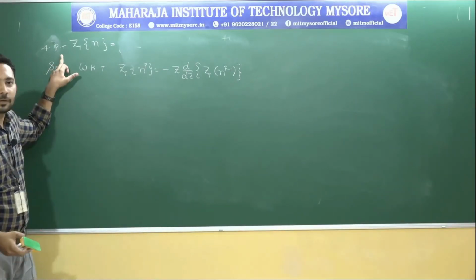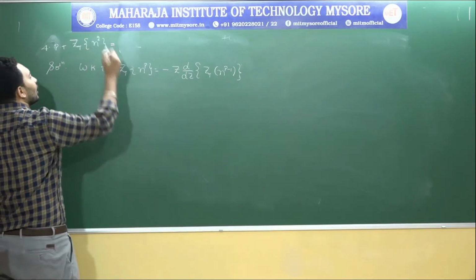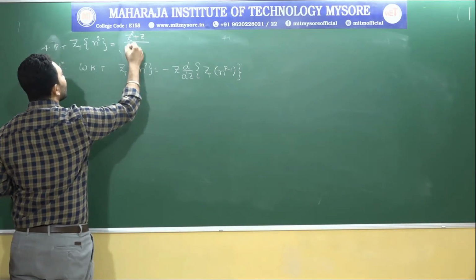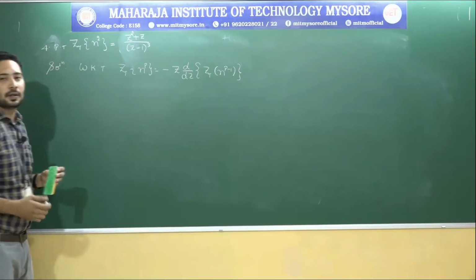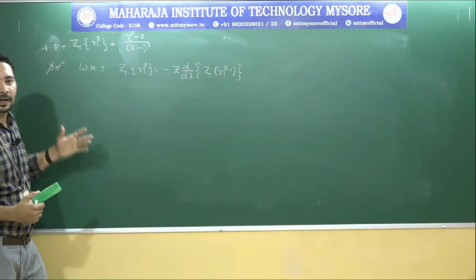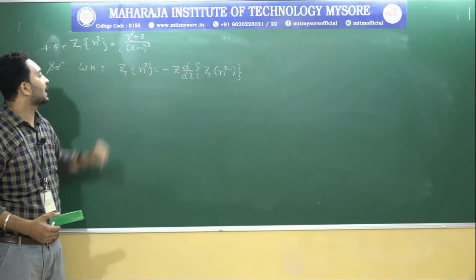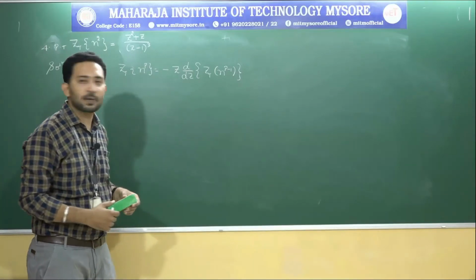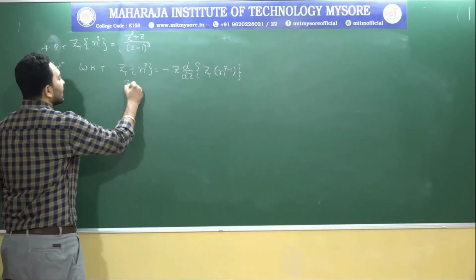So this is the required result. And the next one, the fourth one: prove that the z transformation of n square is z square plus z divided by z minus 1 whole cube. As we did in the previous problem, we know that the z transformation of n power p is minus z d by dz of the z transformation of n power p minus 1.